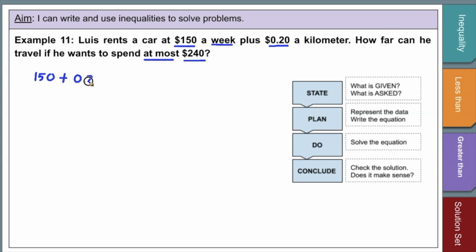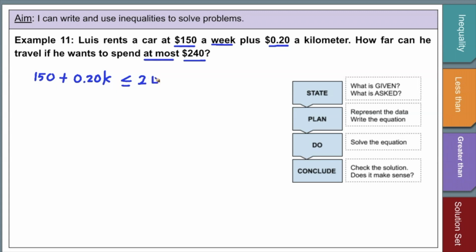So let's write down 150 plus 20 cents a kilometer. Let's represent the kilometer with variable k, less than or equal to represent at most, and then 240.